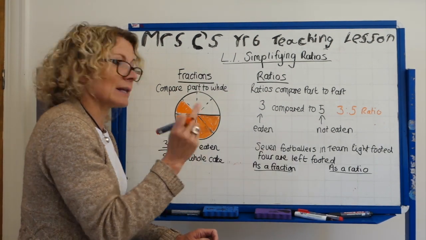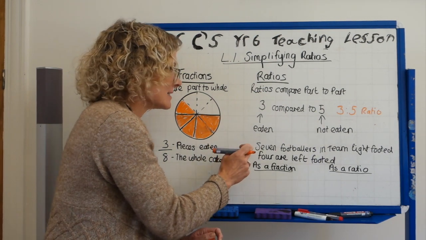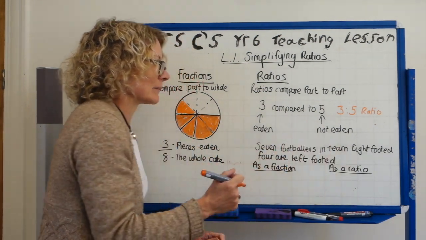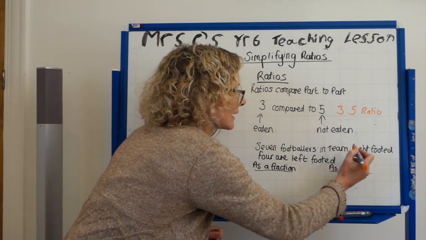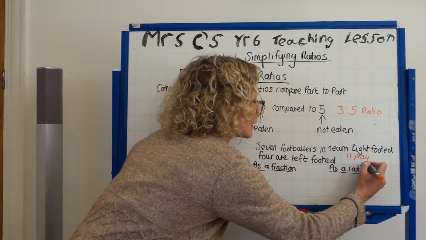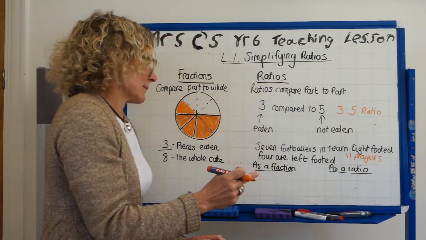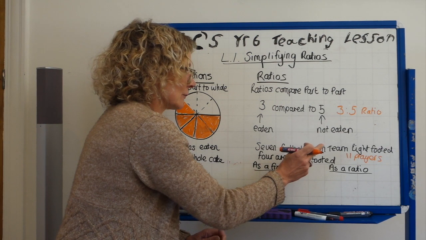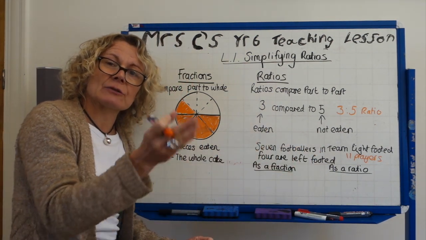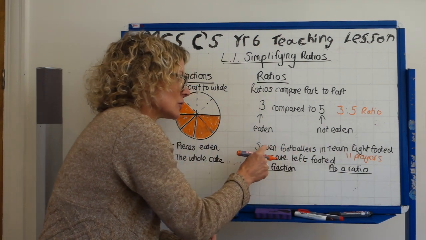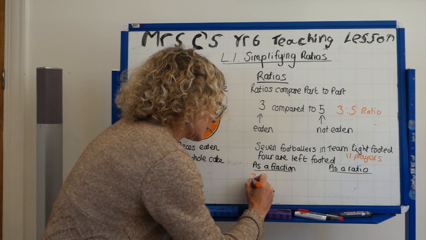Okay? Right, let's look at another one. Slightly the same but slightly different. 7 footballers in a team. Okay, how many footballers are there in a team? There's always 11, isn't there? 11 players. 7 footballers in the team are right-footed and 4 are left-footed. Okay, so to write that as a fraction, it would be out of the whole. The whole is 11. So 7 out of the 11 players. 7 out of the 11.